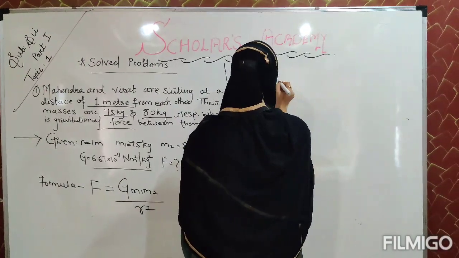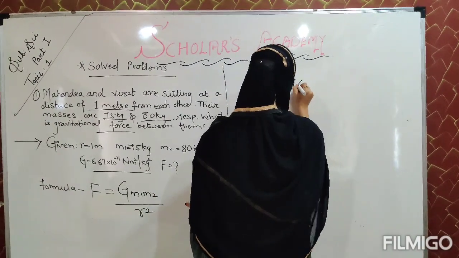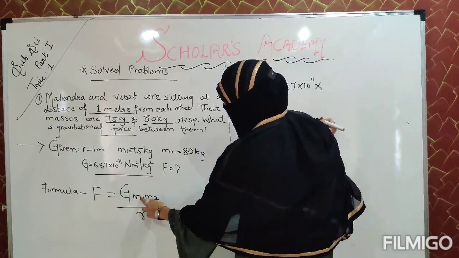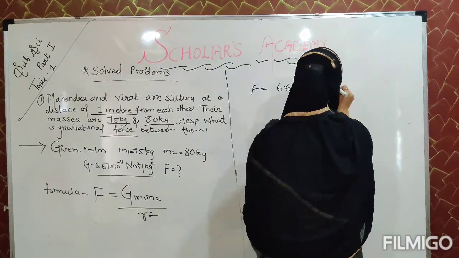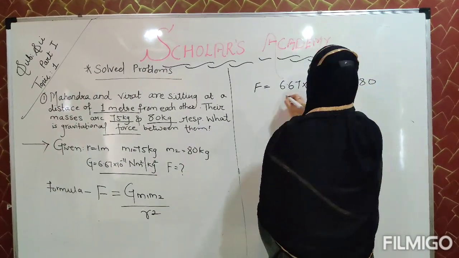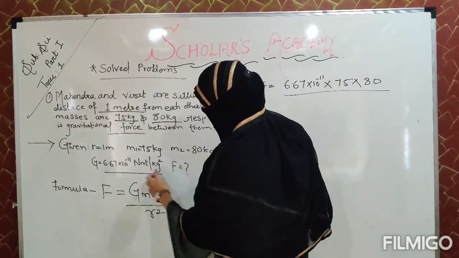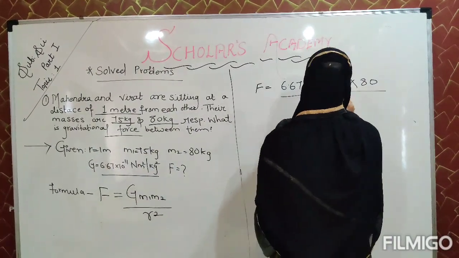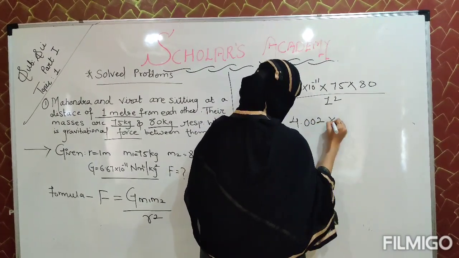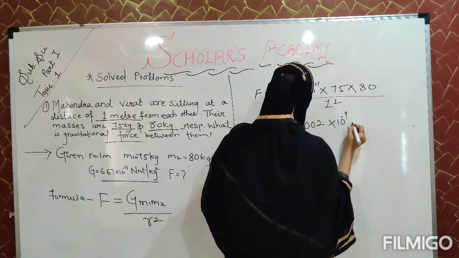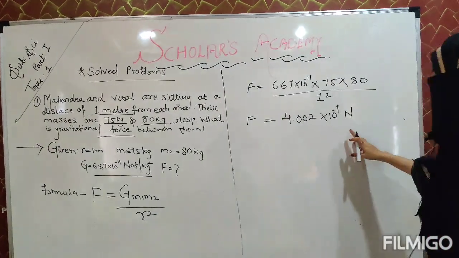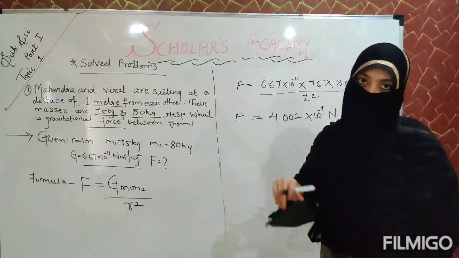F is equal to capital G 6.67 into 10 raised to minus 11 into mass 1 75 kgs, mass 2 80 kgs, divided by r, that is 1 square. So by solving this, the answer will be 4.002 into 10 raised to minus 7, that is the force. Unit of force is Newton. This is our answer for this question.